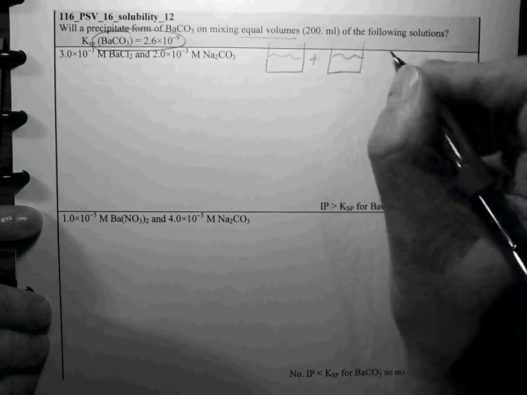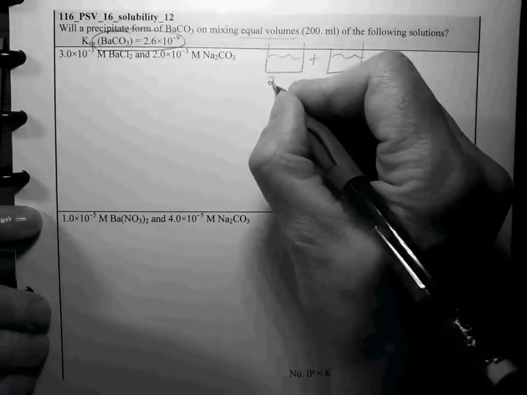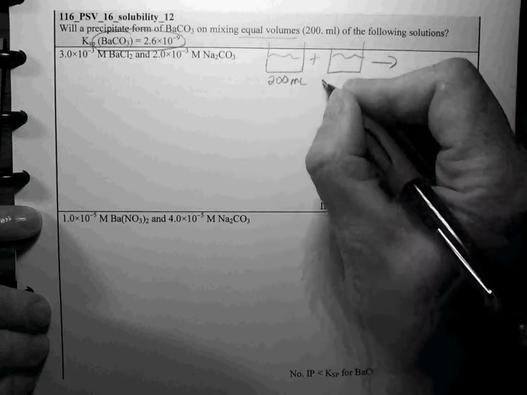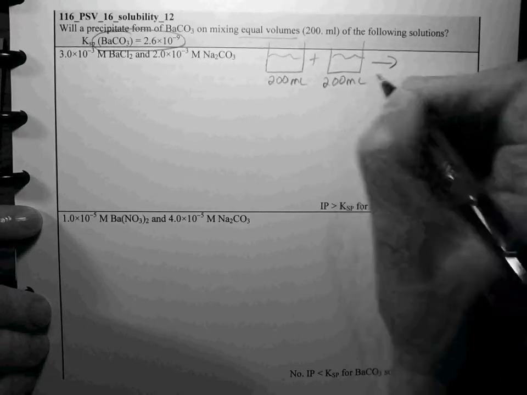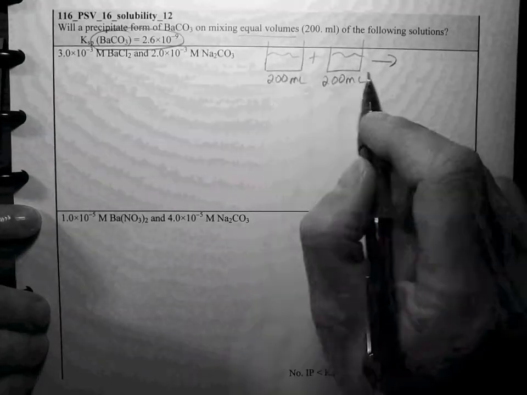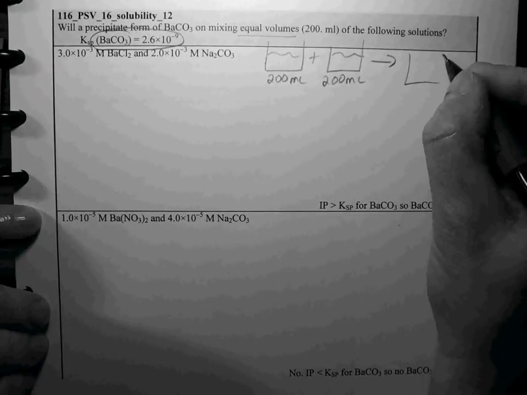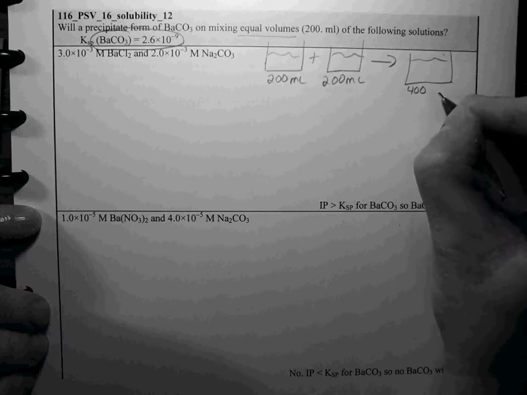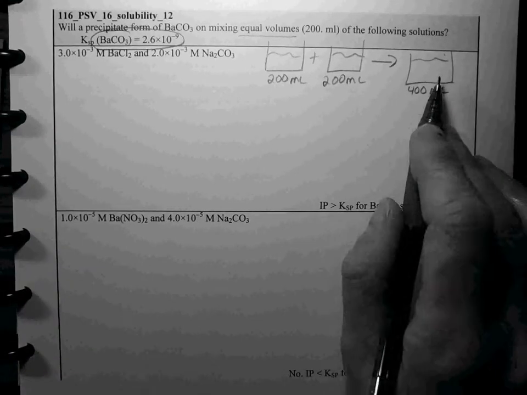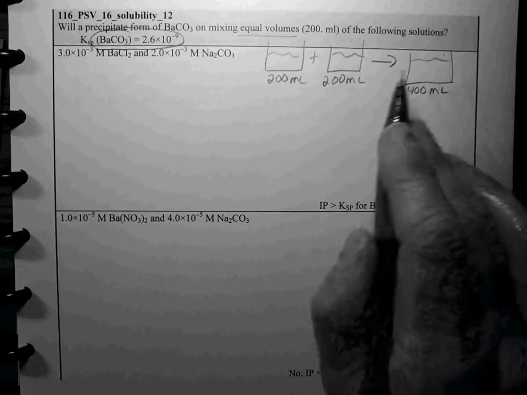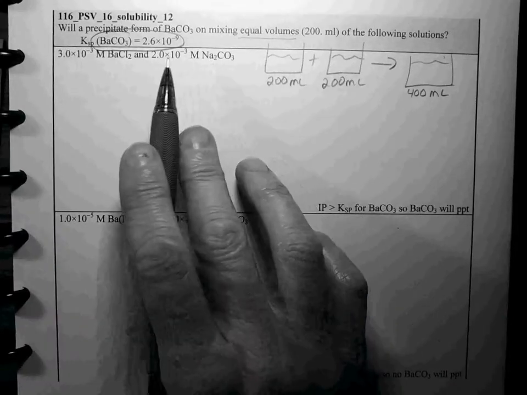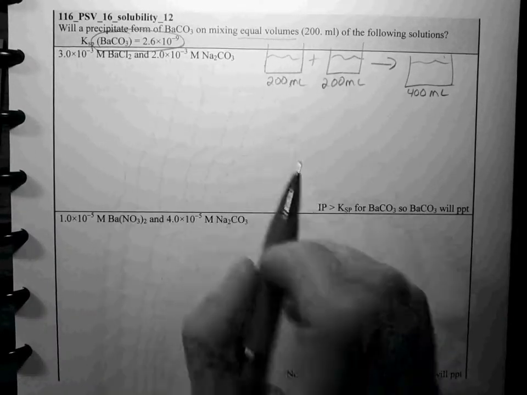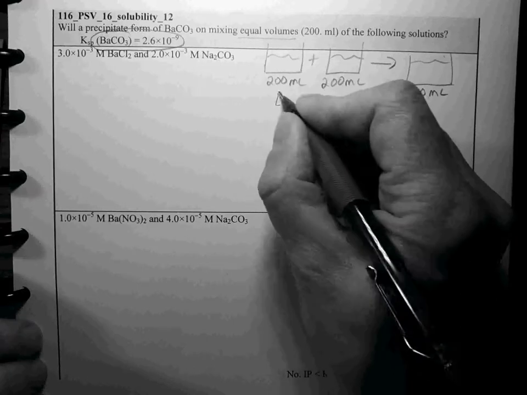The other thing I want to mention that is going to make our calculations easier is this: if we had 200 milliliters of each, and it could be any volume as long as they were equal, and then they are added together, our total volume at the end is going to be double in size, which means the ion concentration of each is going to be cut in half.